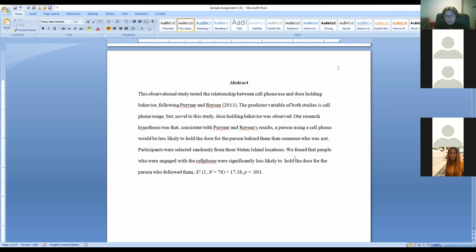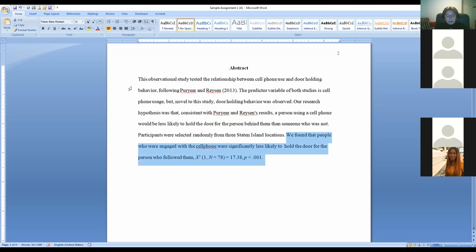And note that there is a sentence that includes statistics. This is your statistics, not your research article. And you guys were right. The original restriction on abstracts was 120 words, and this one is 117. Now, for student papers, APA 7 allows up to 250 words. So we will follow that.